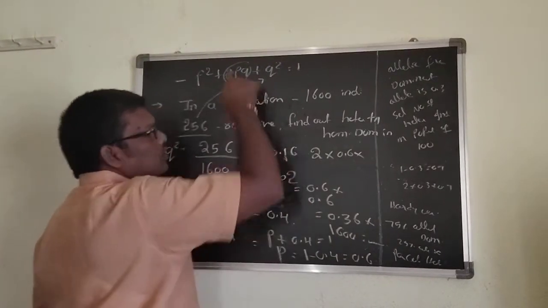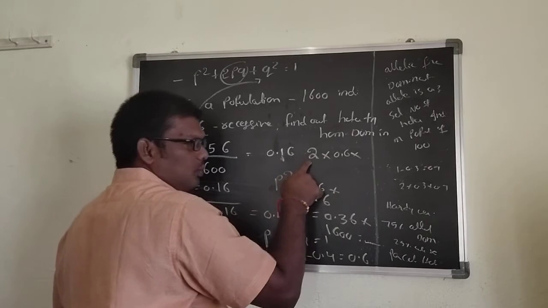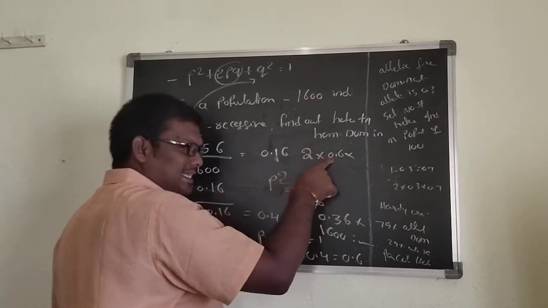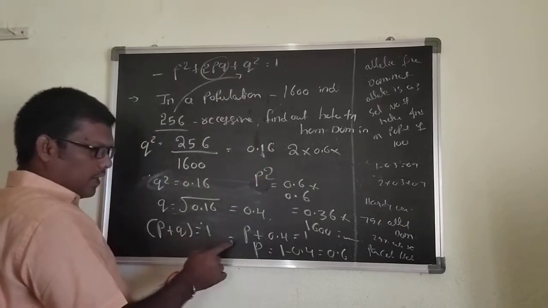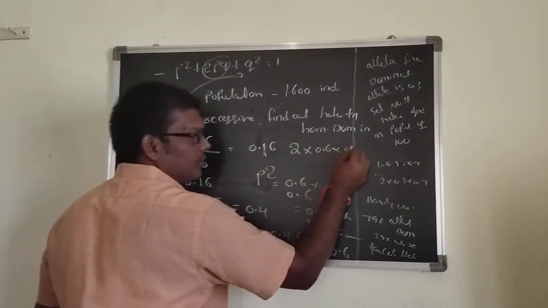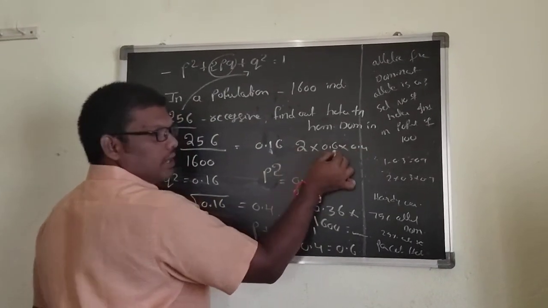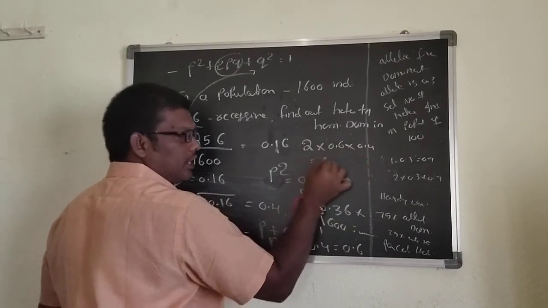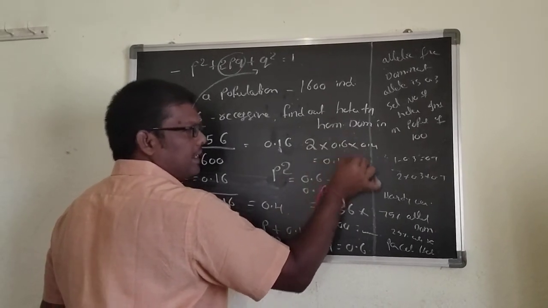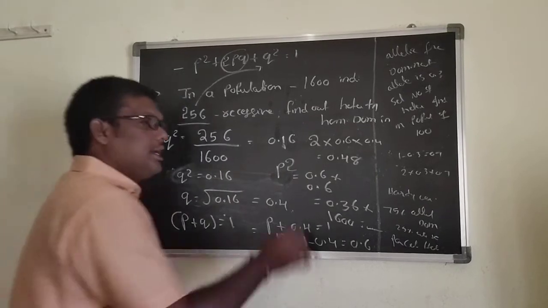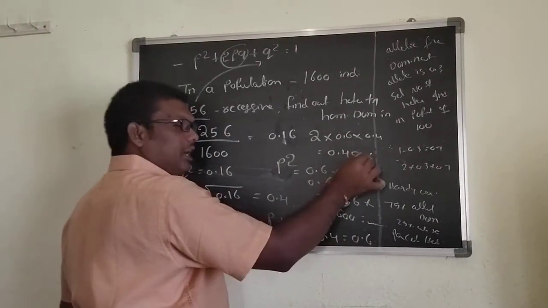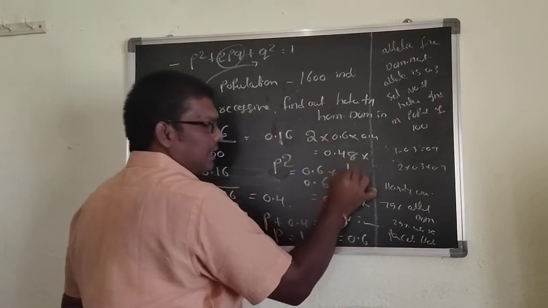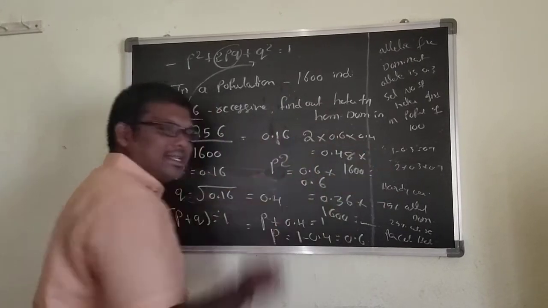Heterozygous indicates 2 into 0.6 into the q value, which is 0.4. 2 sixes are 12, 12 fours are 48, so you get 0.48. But they ask for individuals, and this is the frequency. For individuals, it is frequency into total number of individuals, and you get the answer.